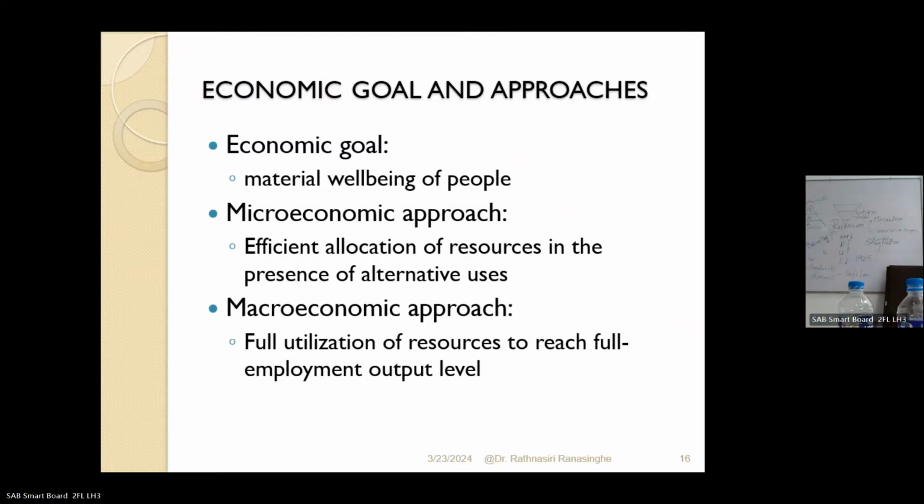Economic goal is the final goal, as we mentioned, material well-being. Can you remember we mentioned material well-being? That is the final objective of economics. In economics we have two branches, microeconomics and macroeconomics.